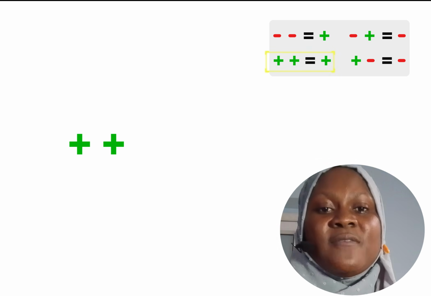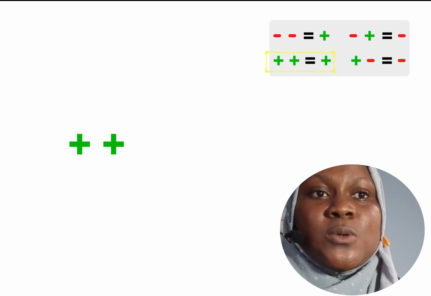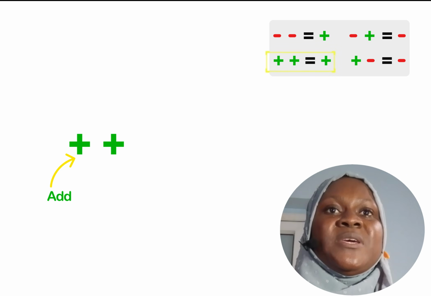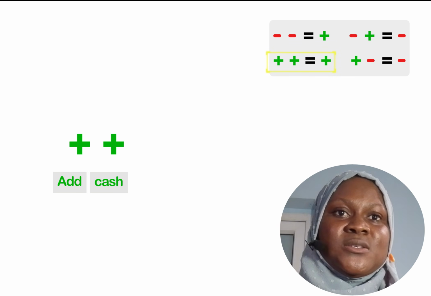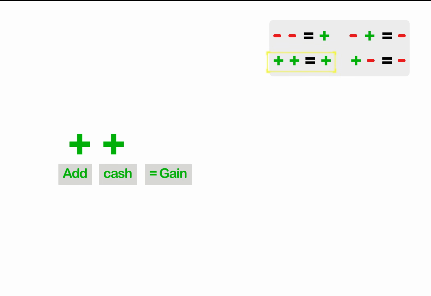So we have plus plus. This is pretty simple, which means add cash. So adding cash means you gain. So gaining is a positive result, which means plus plus is equal to plus.